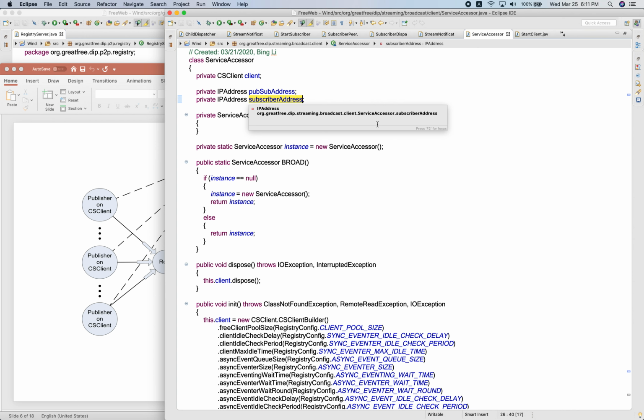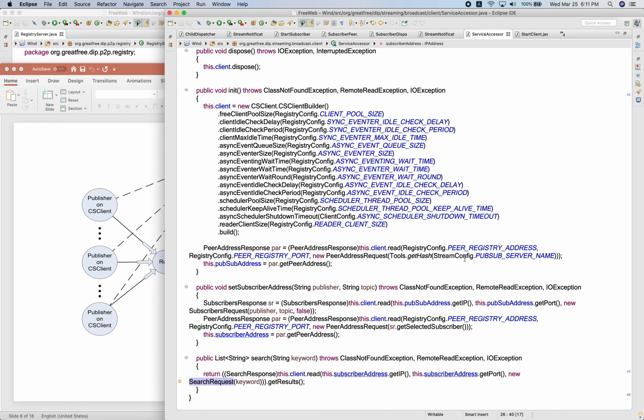And using this IP address, the user can send requests and responses to the subscriber to consume the service. This is search.